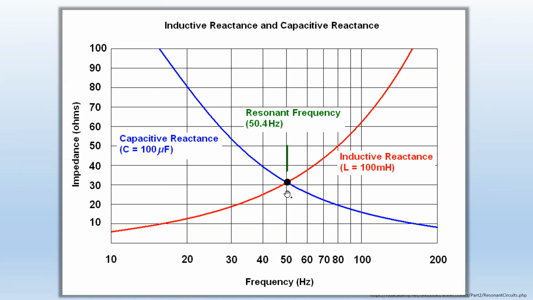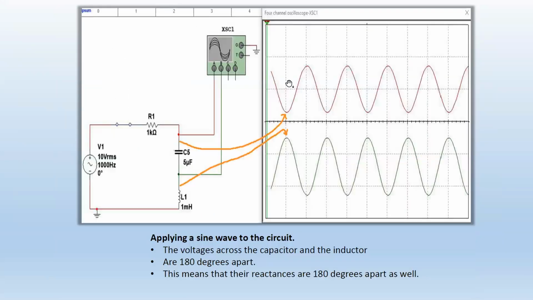So at 50 hertz, these voltages are going to be not only 180 degrees apart from each other, but they will be of the same magnitudes. So if we have voltage pointing this way and voltage pointing that way, and they're of the same magnitude, they will cancel each other.